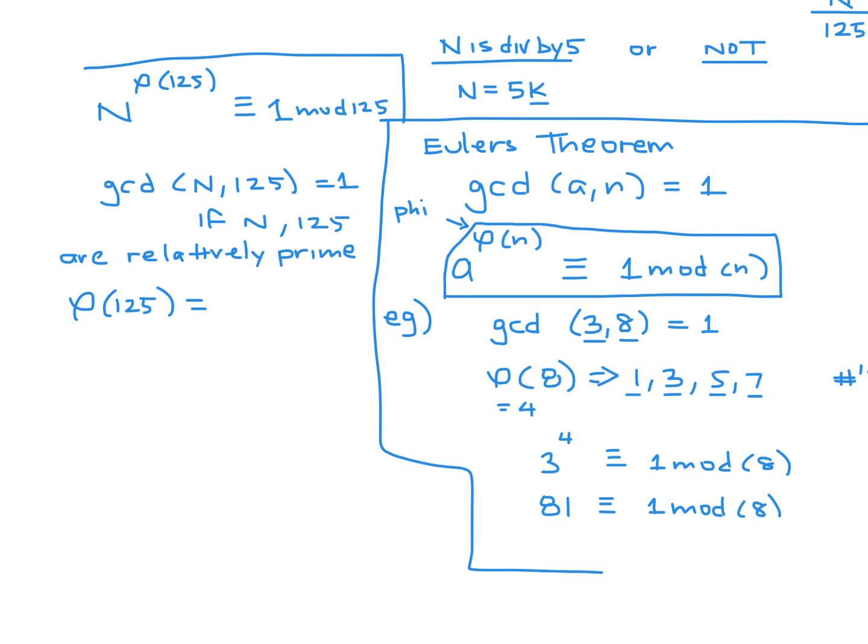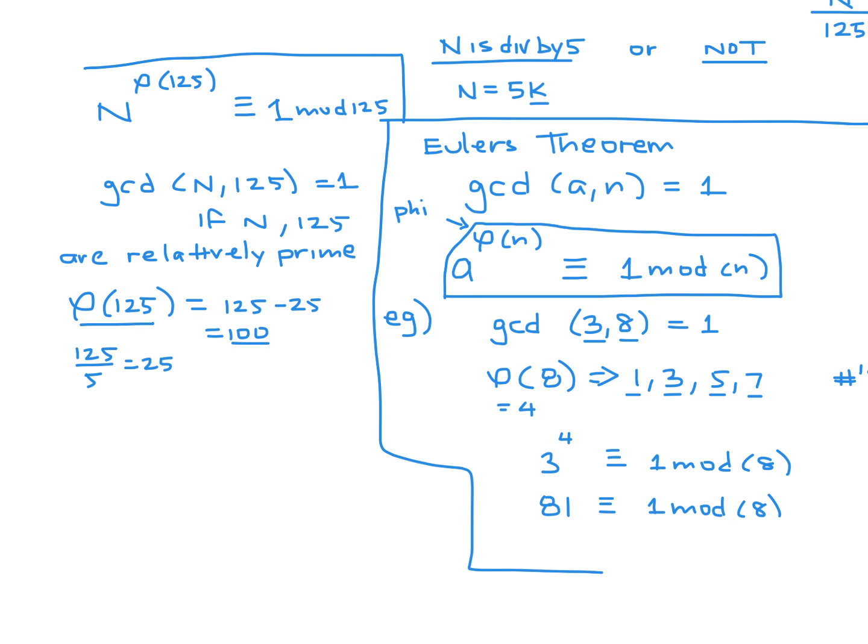So it'll basically be anything that is not a multiple of 5. So there's going to be 125 divided by 5, which is 25 numbers that are divisible by 5. So of the total numbers, you'd have to subtract those 25, and that would be 100. So phi of 125 is equal to 100.